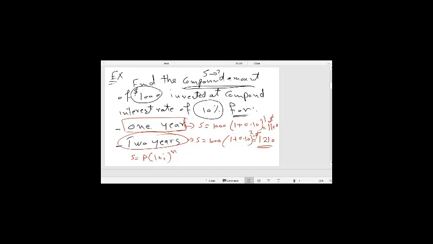As we see, if the time period increases, the accumulated amount or compound amount, S, grows faster and faster with respect to the simple interest.